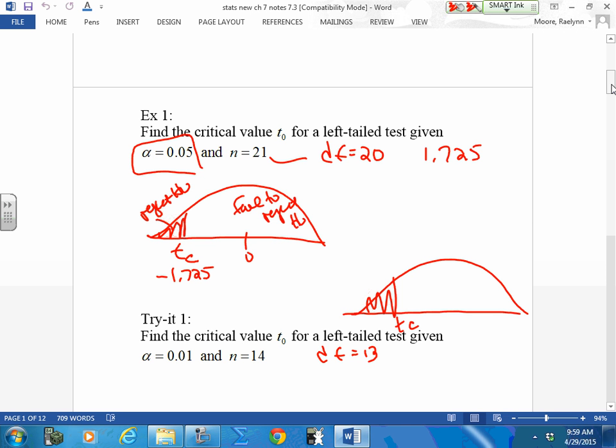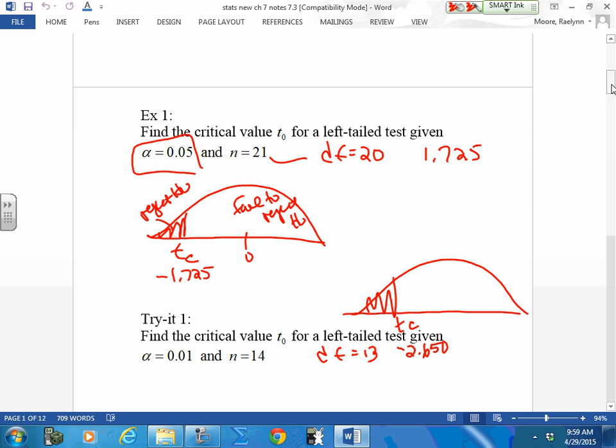See if you can find me your value. 2.650. Everybody get 2.650? Did everybody look this up? And because it's on this side, negative 2.650.